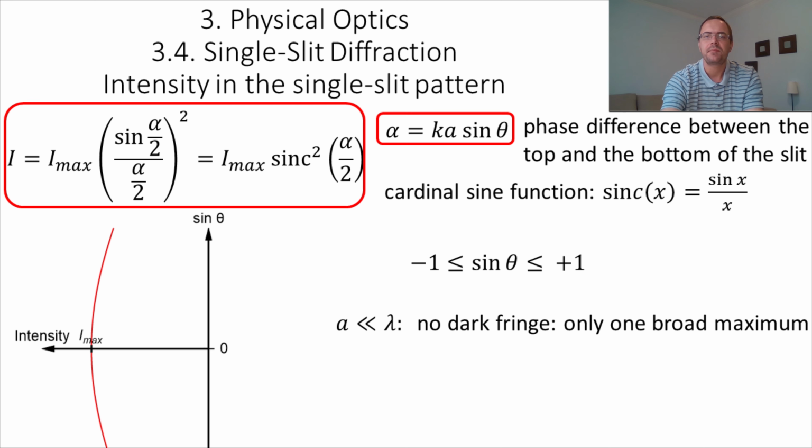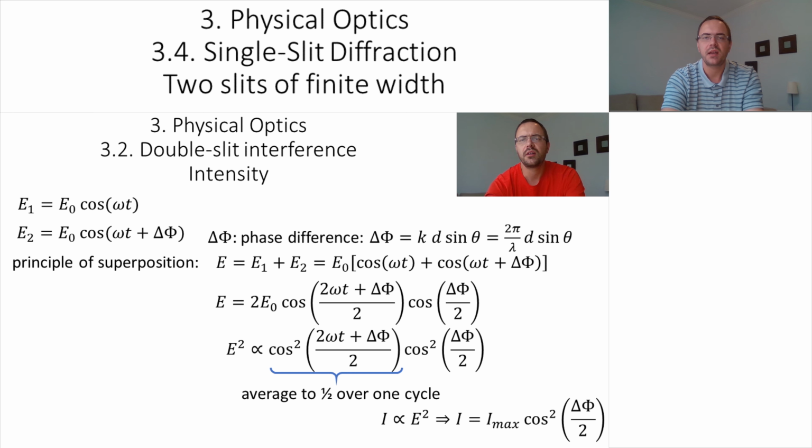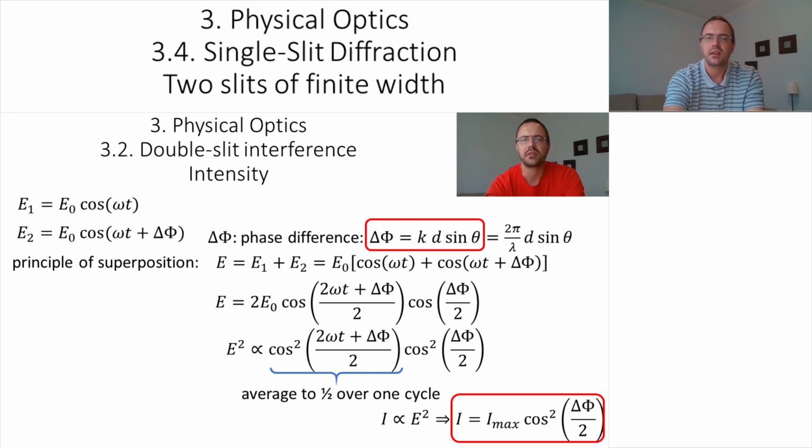Now, finally, I want to come back to Young's experiment. Remember that for Young's experiment, we had two slits, and we had neglected the size of the slits compared with the separation between them. And remember that we had found that the intensity was given by cosine square of delta phi over 2, where delta phi was kd sine theta.